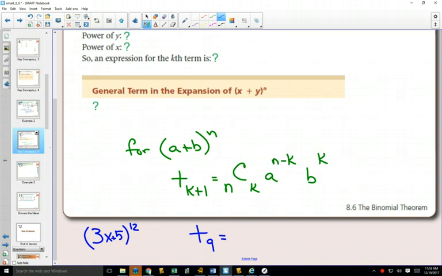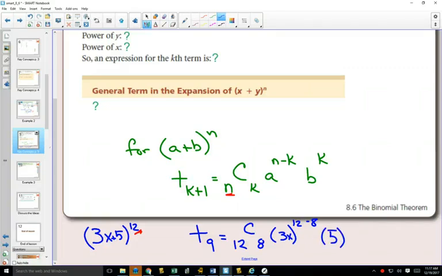Your n always comes from your exponent. So it's going to be 12 choose 8, because k is 1 less. Your a value is whatever your first term is, so for us, it's 3x, to the power n minus k, 12 minus 8. Our b value is our second term.